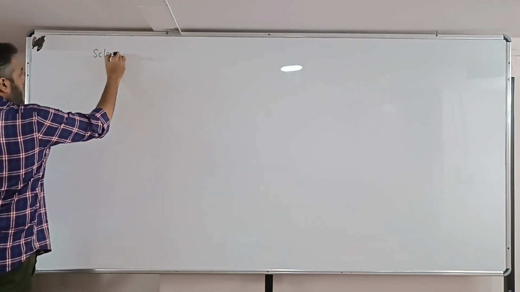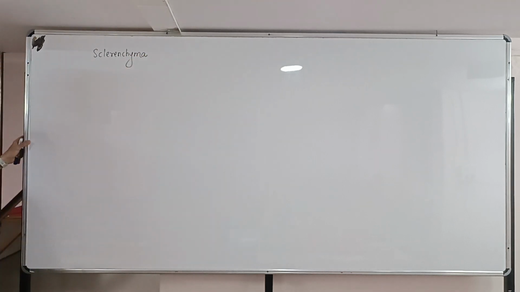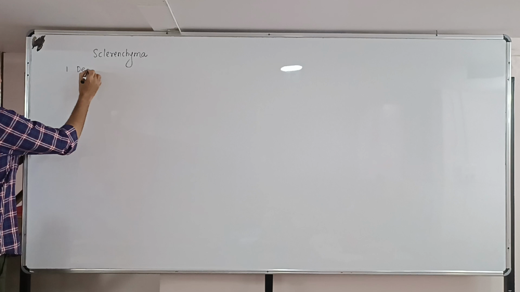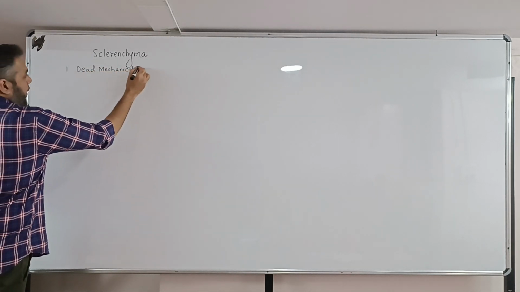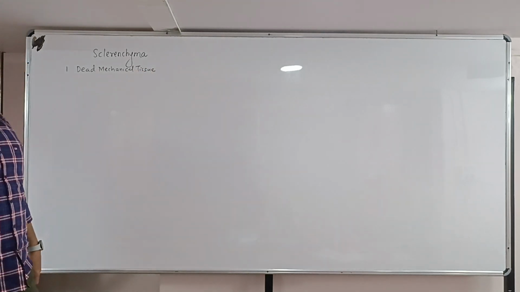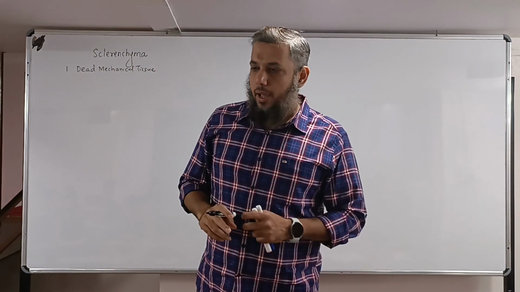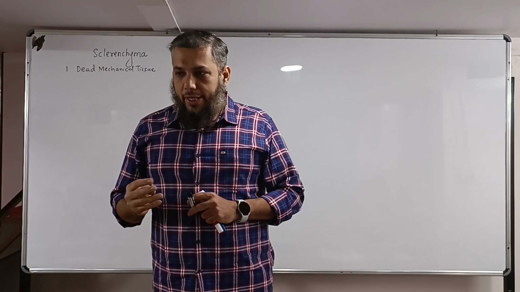Now, with respect to the nature of the tissue, that's the first point we always mention. We say that it is a dead mechanical tissue. So the tissue is dead and it's a mechanical tissue, meaning will it perform any vital functions?